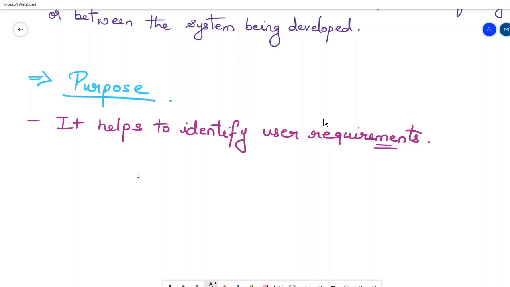These are the various purposes which are fulfilled after drawing this.